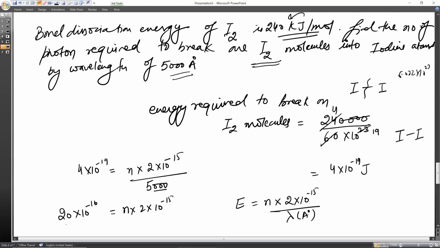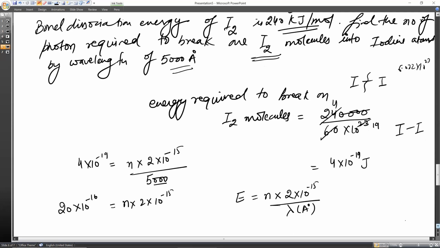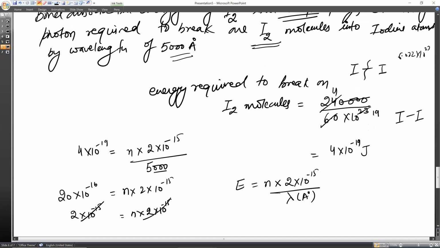And when you write it this way, this can be written as 2 into 10 raised to the power. When you cut this 0, or even multiply this 10 from here, you will get 10 to the power minus 15 equal to n into 10 to the power minus 15. This 10 to the power minus 15 will get cancelled out, or you can bring this one here.